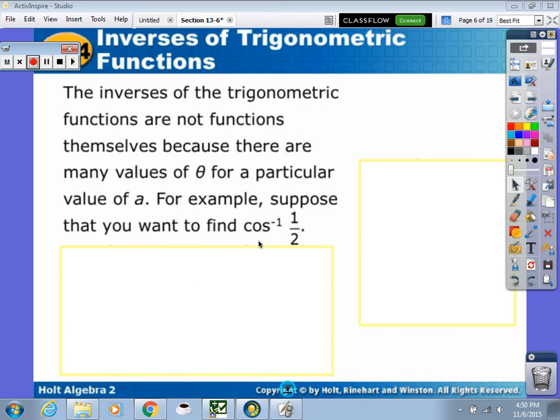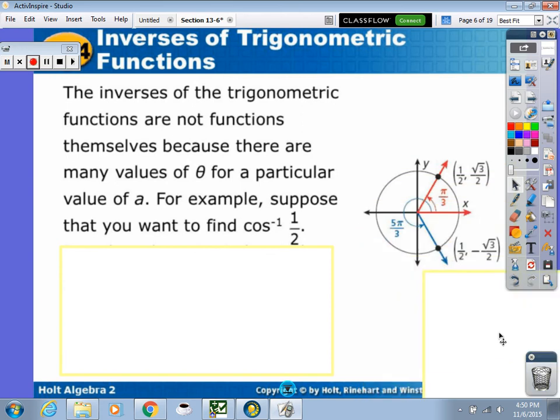Let's look, for example, at the inverse cosine of 1/2. If we take a picture, we can see from our unit circle here that we've got two locations that give us the cosine of that angle being equal to 1/2. So cosine pi over 3 equals 1/2, and cosine 5 pi over 3 equals 1/2, here in our first quadrant and our fourth quadrant.